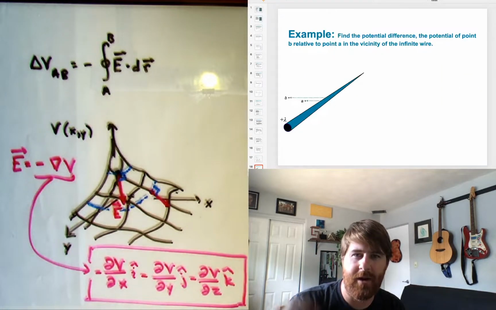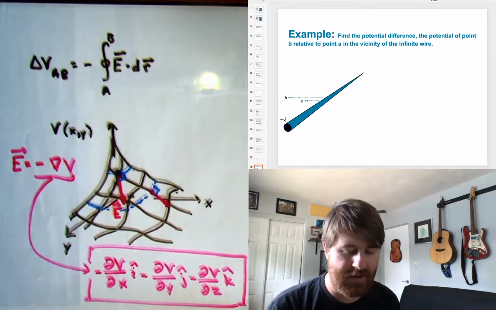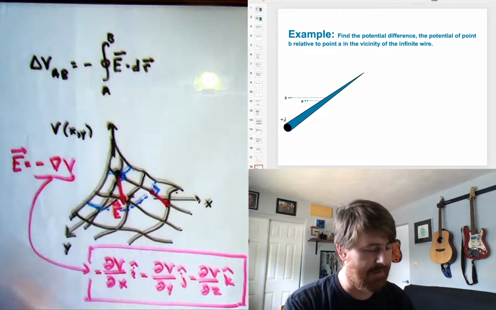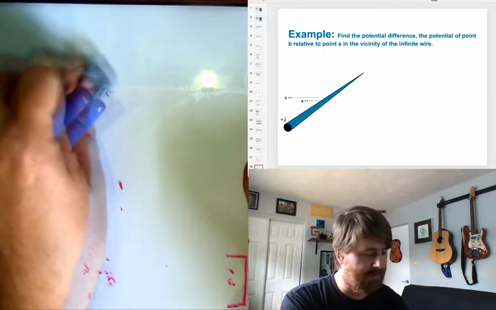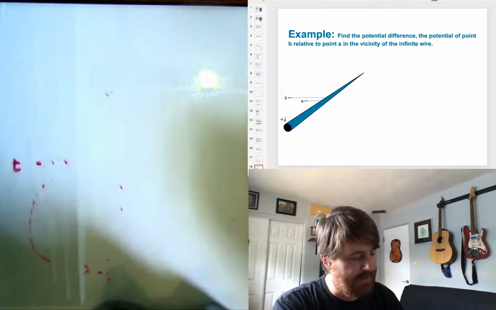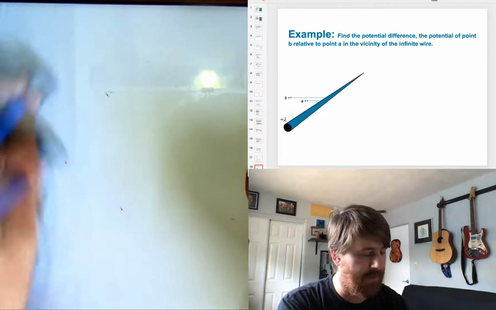And so before I quit, I wanted to solve a couple of examples, or at least one example. And this one is find the potential difference of a point B relative to the point A in the vicinity of an infinite wire.